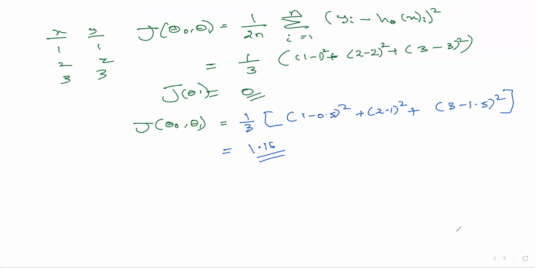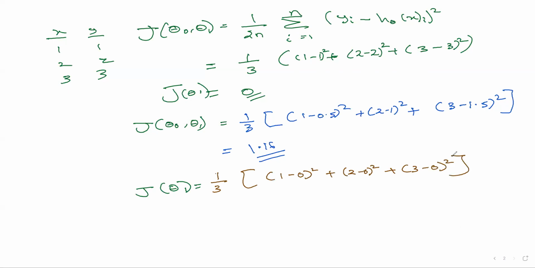So j of theta 0 theta 1 is 1 by 3, 1 minus 0 whole square plus 2 minus 0 whole square plus 3 minus 0 whole square. If we solve this, you'll get 4.66, which means it is increasing.